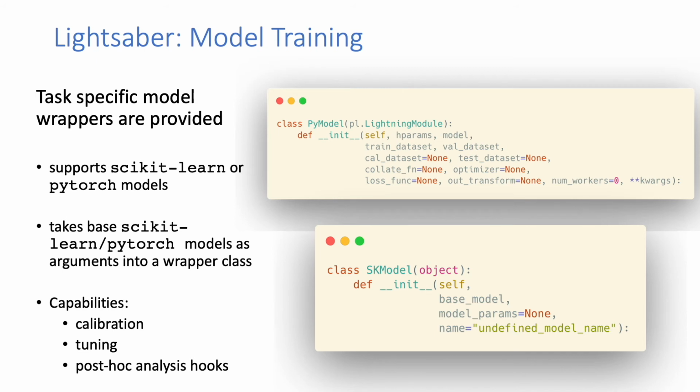Moving on to model training, Lightsaber provides task-specific model wrappers. We support both scikit-learn and PyTorch models. We accept any kind of base scikit-learn or PyTorch models, allowing the user to focus only on the logic of the model, and we wrap this through a model trainer to provide capabilities such as calibration, tuning, and other post-hoc analysis hooks.